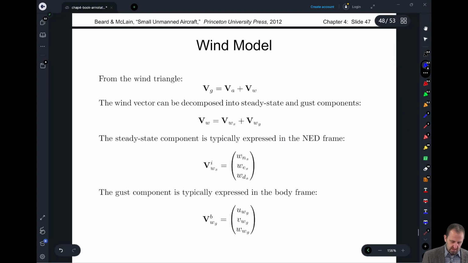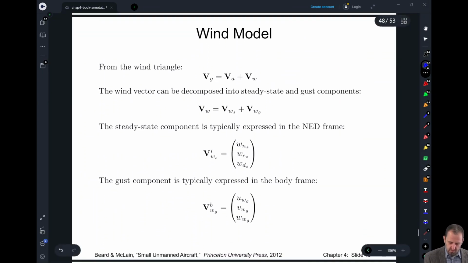As we start off, we're just going to remember the wind triangle. So we had v sub g. That was the velocity of how our vehicle is actually moving. We had v sub w, which we've mentioned a couple times, but typically haven't directly used. V sub w is just the wind velocity vector. And then in our dynamic equation, we had v sub a, which was our relative wind vector.